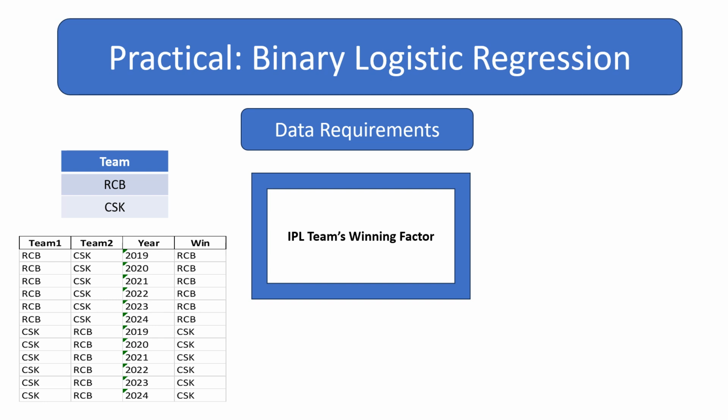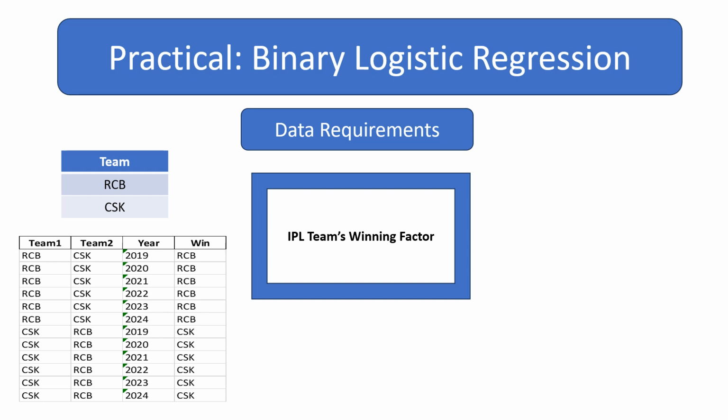Team 1 RCB, Team 2 CSK, year 2020, and RCB 1. So on. Similarly, Team 1 CSK, Team 2 RCB, year 2019, and CSK 1. Team 1 CSK, Team 2 RCB, year 2020, and CSK 1.